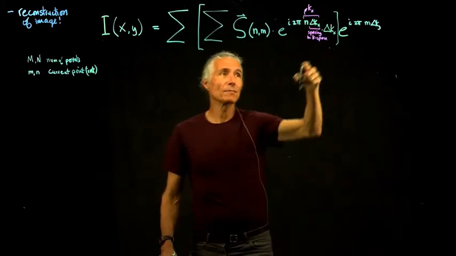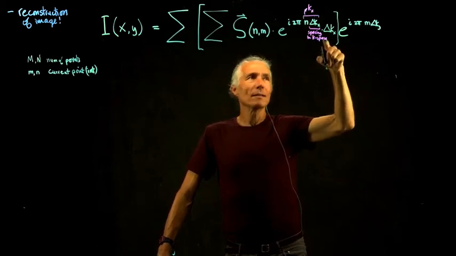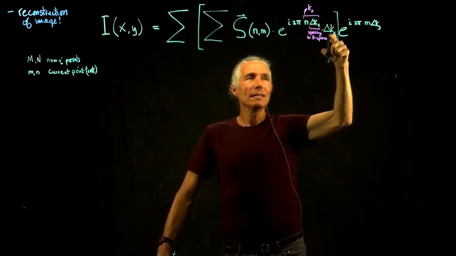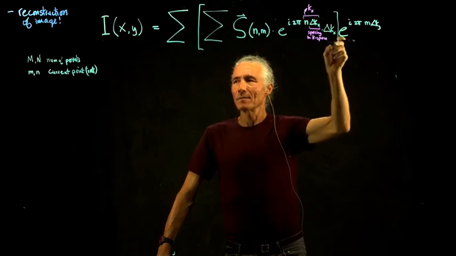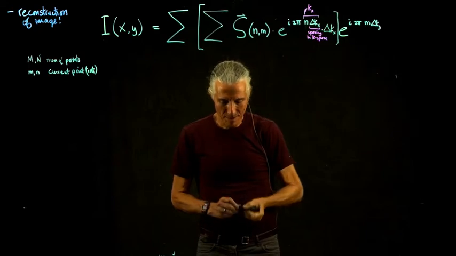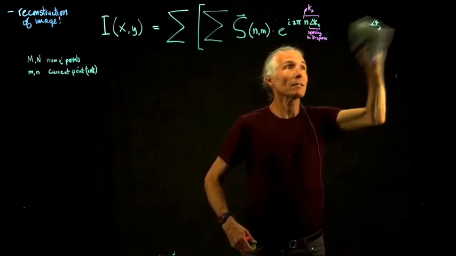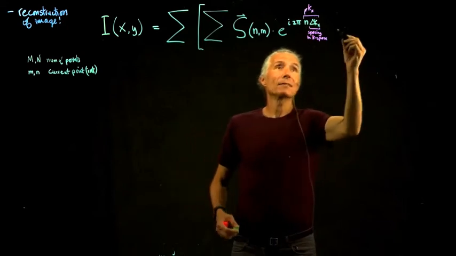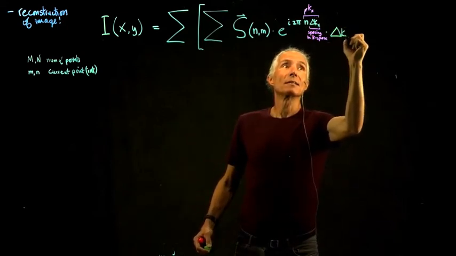That's the equivalent of the dkx in the integral equation, an infinitely small sample of kx. But here we're actually multiplying by a known amount of it. Let me just draw it out so it's really clear that it's not in the exponent. So times delta kx.